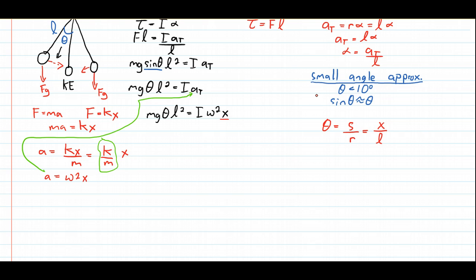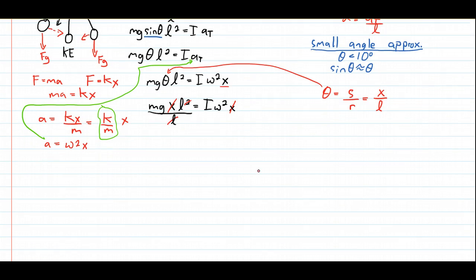So now let's go ahead and substitute that back in here for theta. So we get mg x L squared equals I omega squared x, where this is divided by L. After that substitution, we can see our L's cancel out, and then our x's cancel out as well.